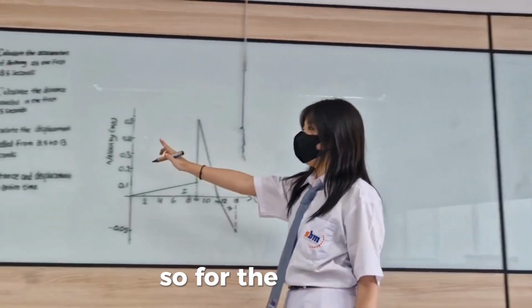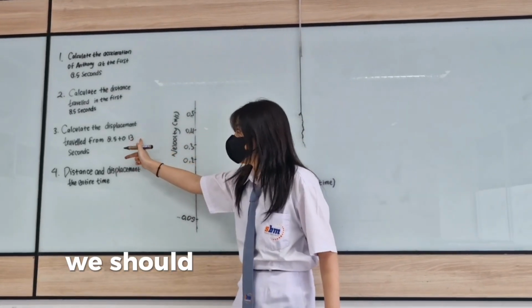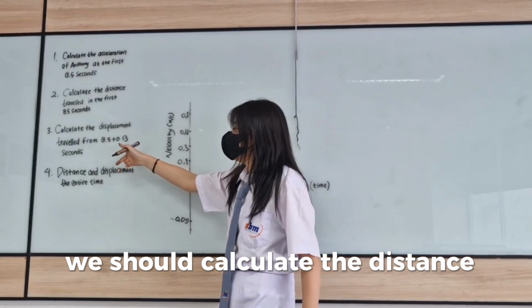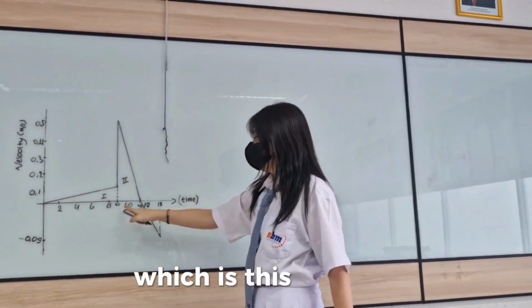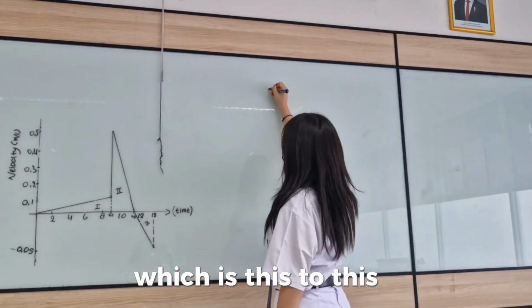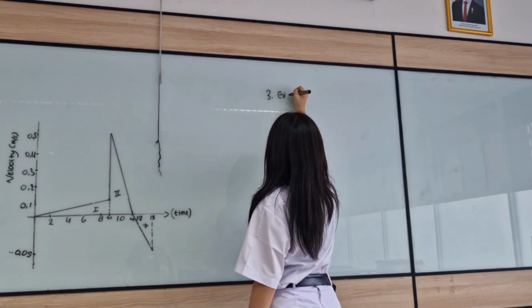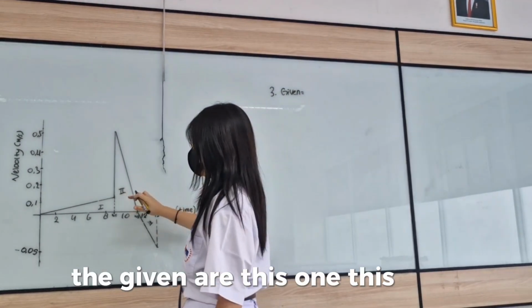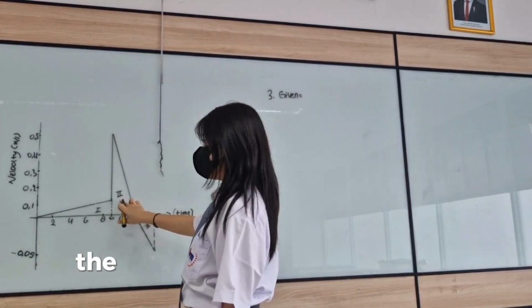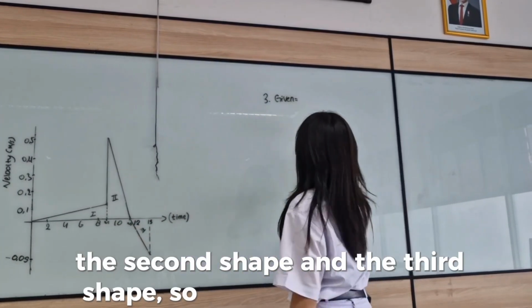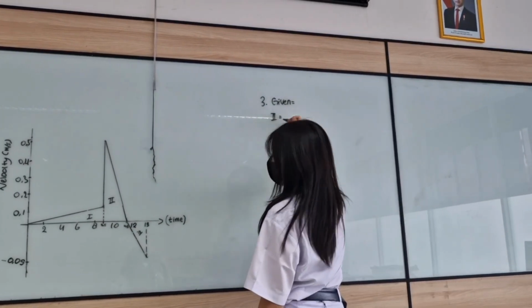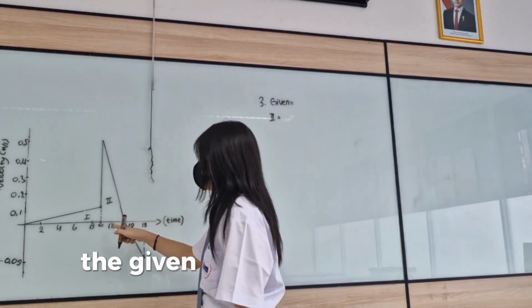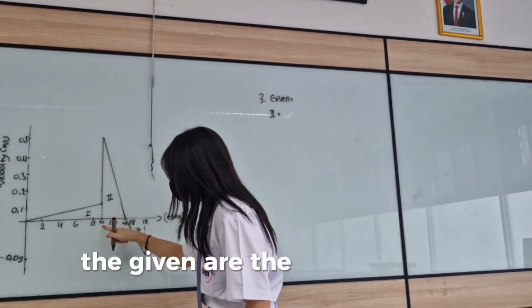So for the next one, we should calculate the displacement traveled from 8.5 to 13 seconds, which is from this to this. So the givens are this shape, the second shape, and the third shape. For the second shape, the givens are the base and the height.